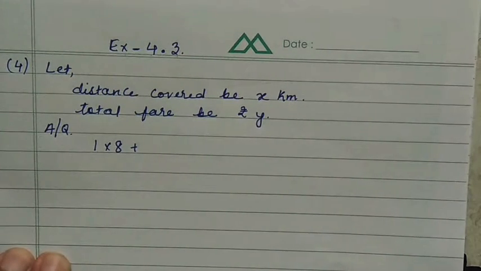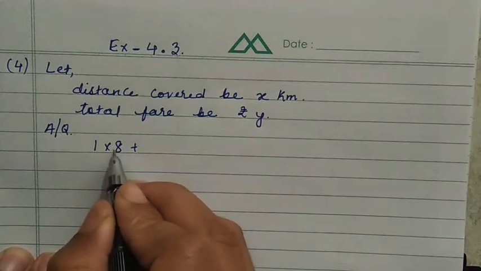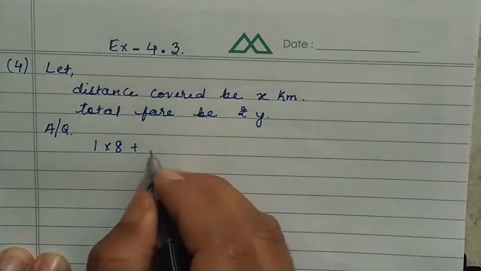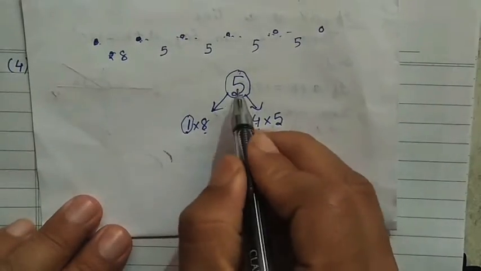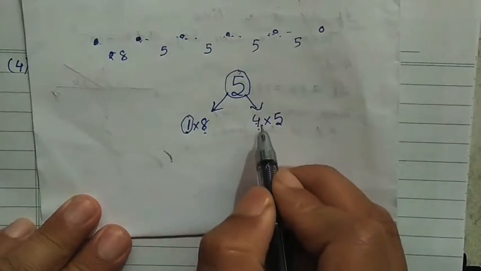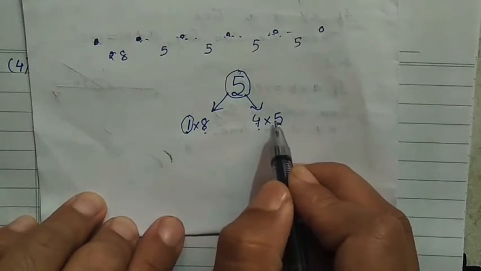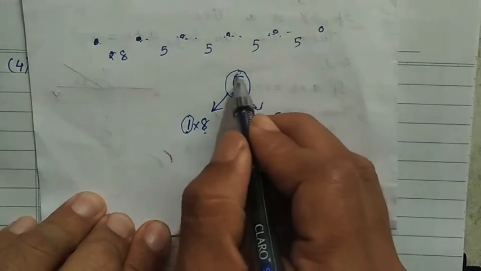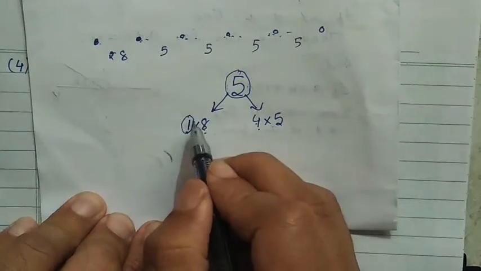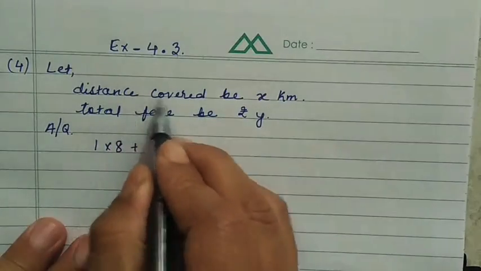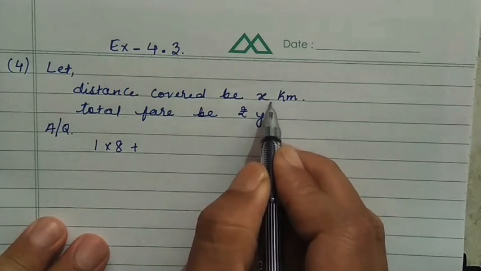According to the question, for the first kilometer it is ₹8, and for the remaining distance it is ₹5. The remaining distance is the total distance minus 1. The distance covered is x, which means the total distance is x.